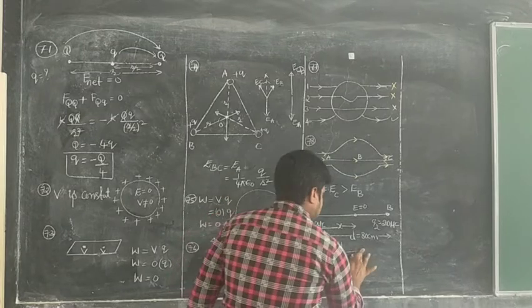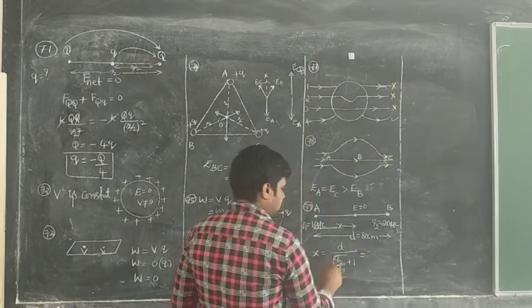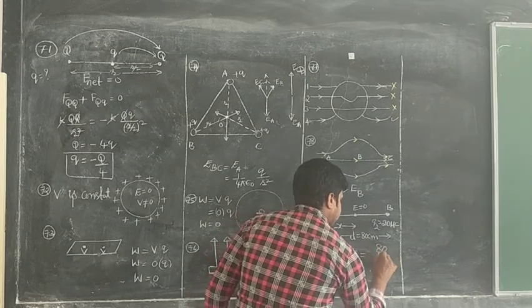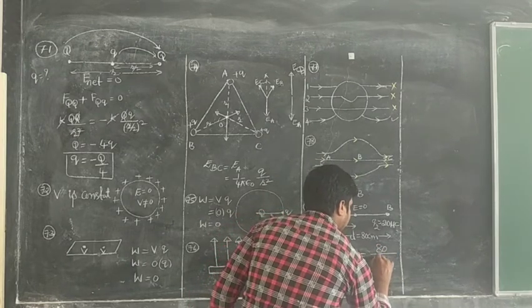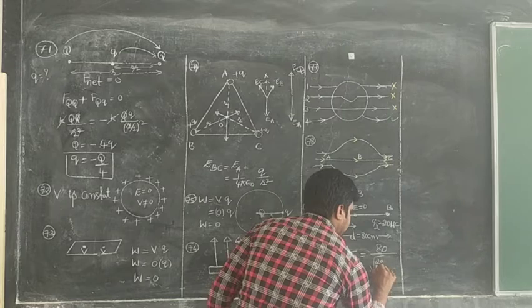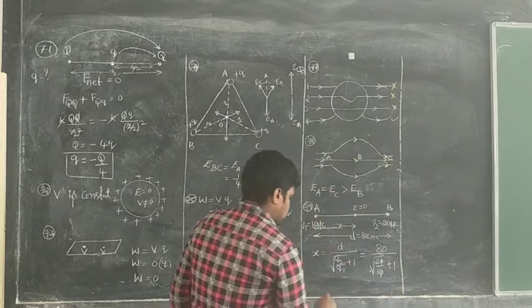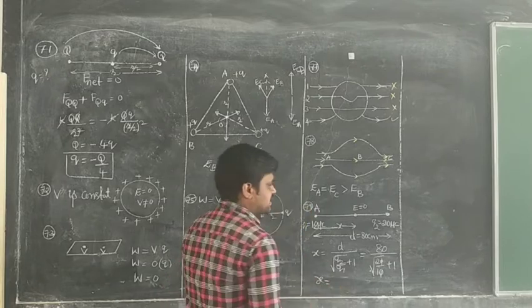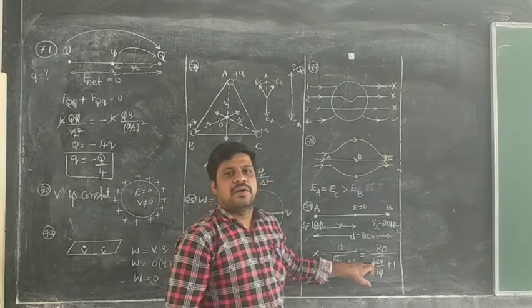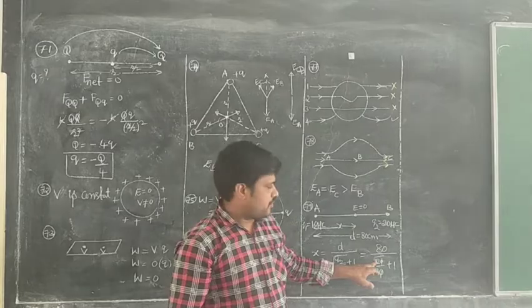From this, x equals 80 divided by square root of 20 divided by 10 plus 1. The zeros cancel. So root 2 is 1.414.